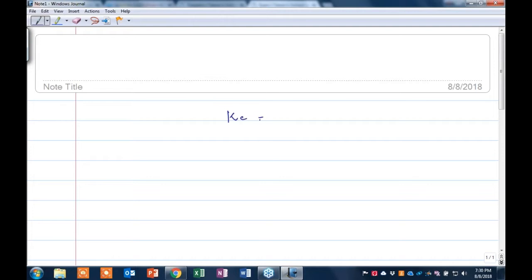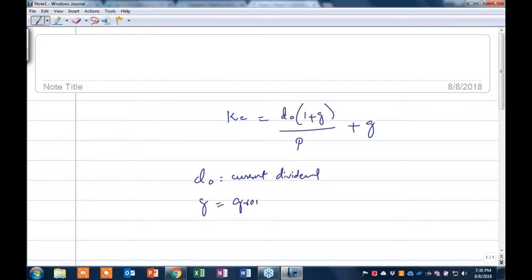KE using the dividend growth model is equal to D0 into (1 plus g) divided by P, plus g, where D0 is the current dividend, the dividend that has just been paid. g is the growth rate.